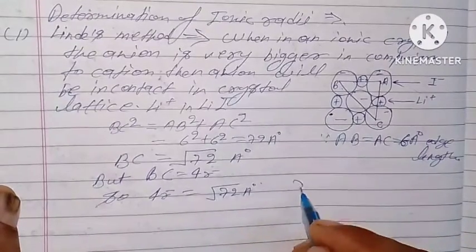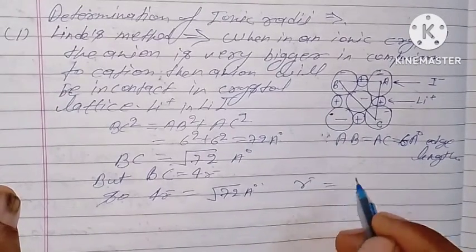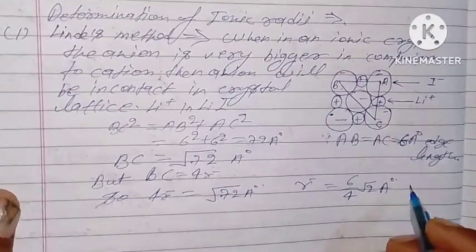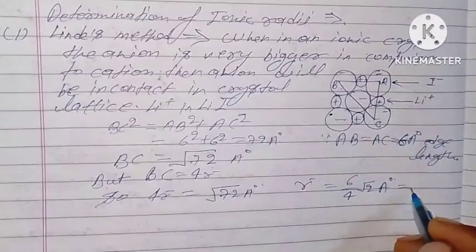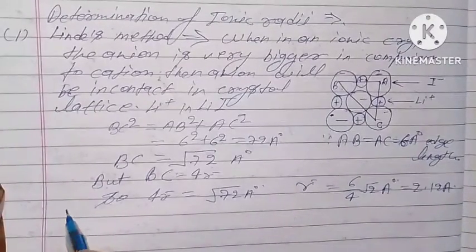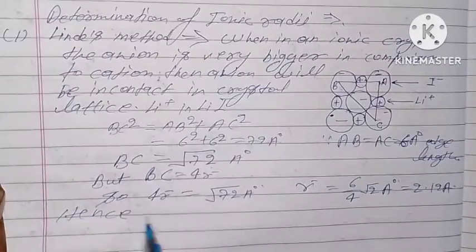Then R minus equals 6 upon 4 root 2 angstrom, equal to 2.12 angstrom.